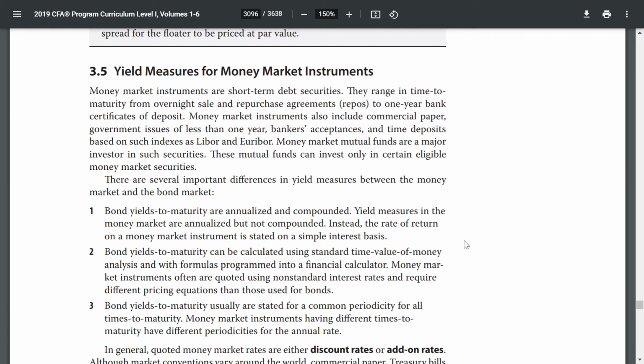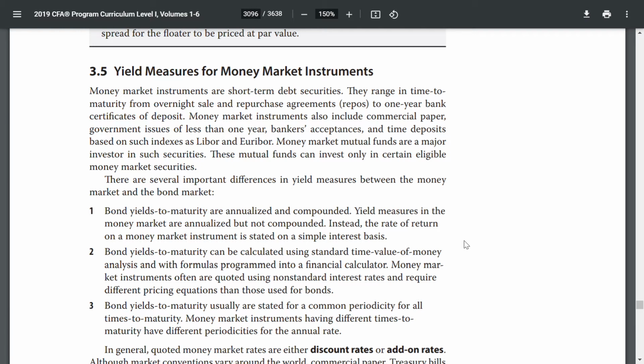These mutual funds can invest only in certain eligible money market securities. There are several important differences in yield measures between the money markets and the bond markets. Bond yields to maturity are annualized and compounded. Yield measures in the money markets are annualized but not compounded. Instead, the rate of return on money market instruments is stated on a simple interest basis.